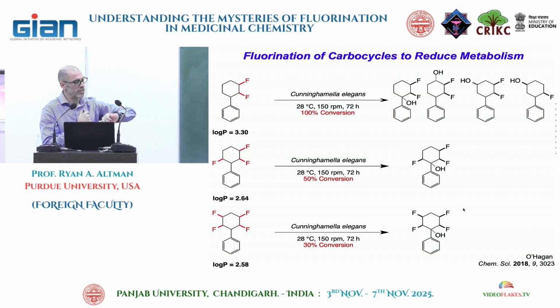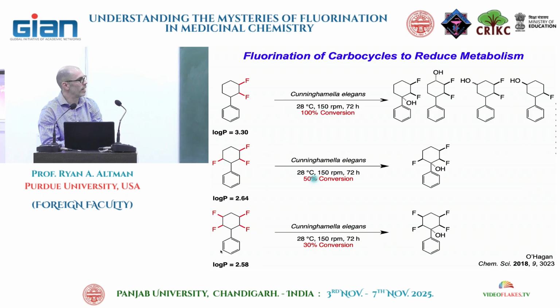So let's look at a couple of examples right before the break. This is that fungal model again. We saw the patterning of these cyclohexanes in a previous lecture, and here they're coming up again in the metabolism. In this example, we see metabolism of the aliphatic system at several different positions around the aliphatic ring, and the benzylic position also gets metabolized. 100% conversion.